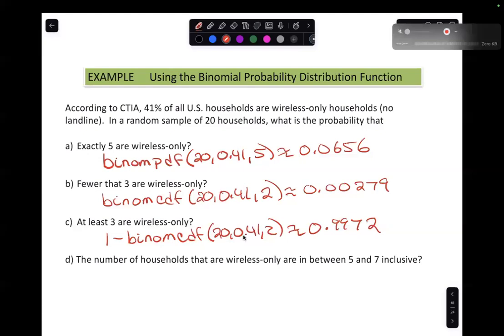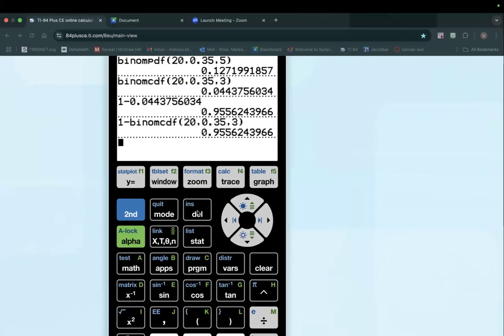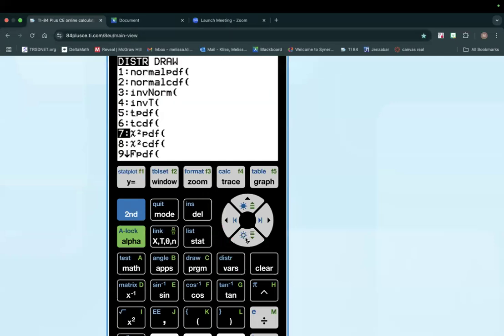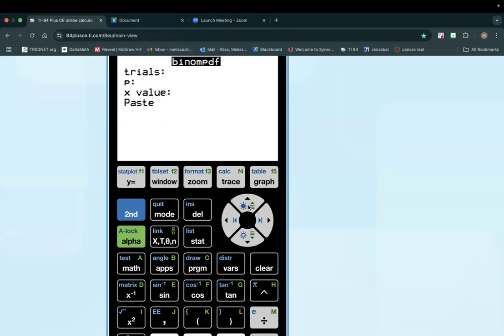How'd we do? It's not letting me type in any number in the Binom PDF. Let me jump to my calculator. Are you sure that you're in Binom PDF? Yes. So it should be 20, 0.41, and then 5.